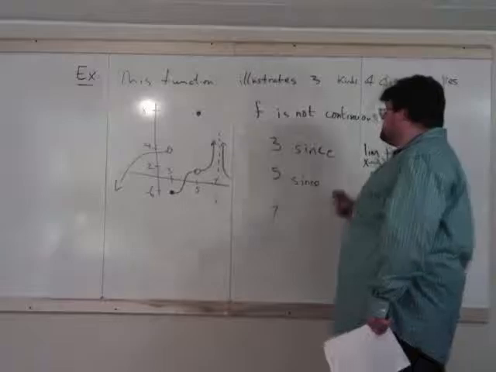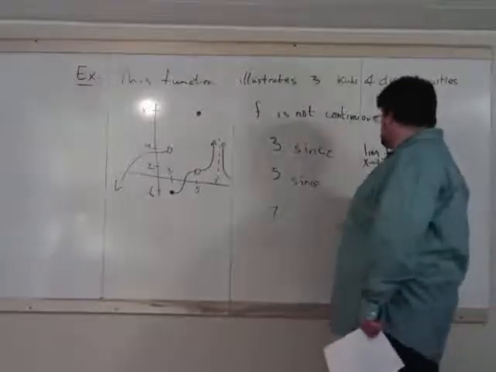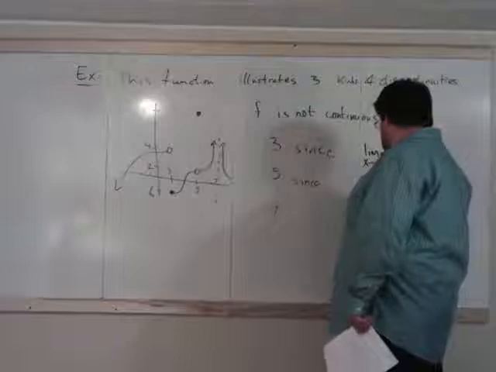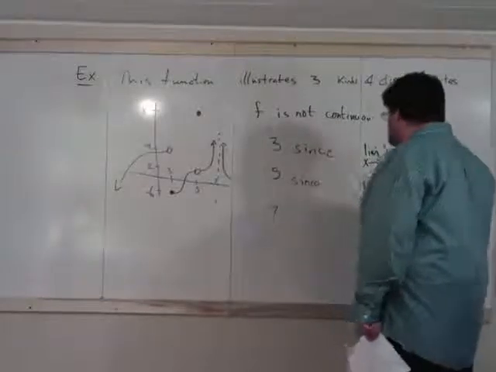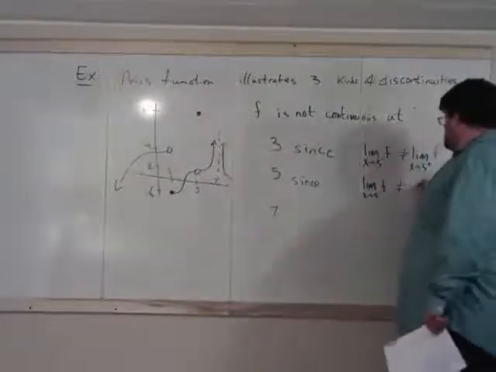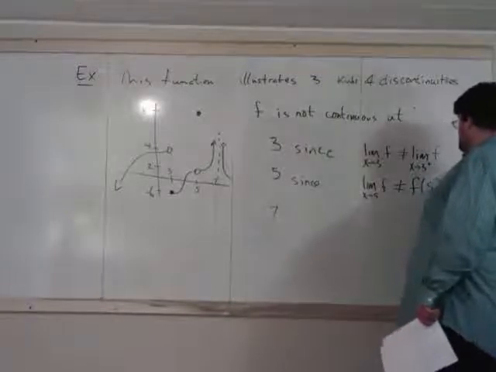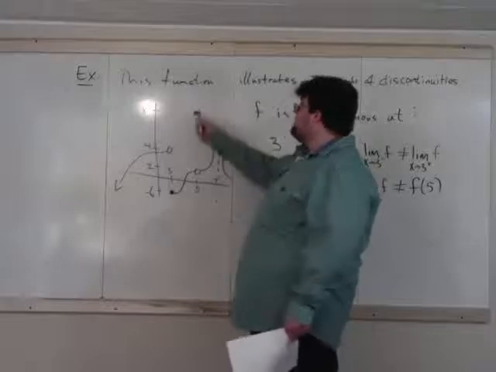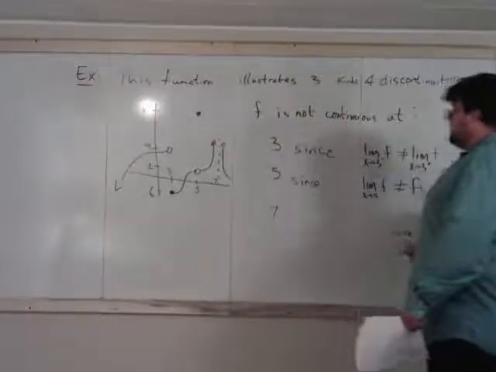This one is not continuous at 5, since the limit as x approaches 5 of f does not equal f at 5. The limit is 2, f at 5 is 8. 2 and 8 are not the same.